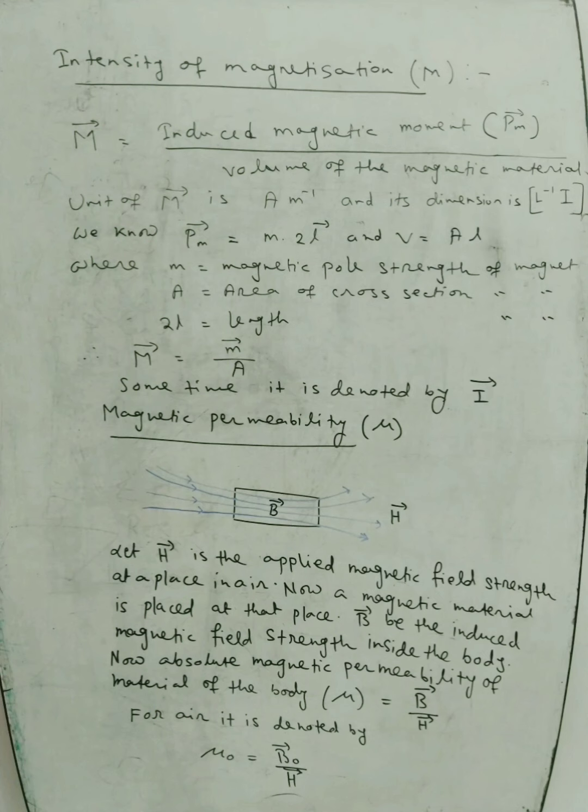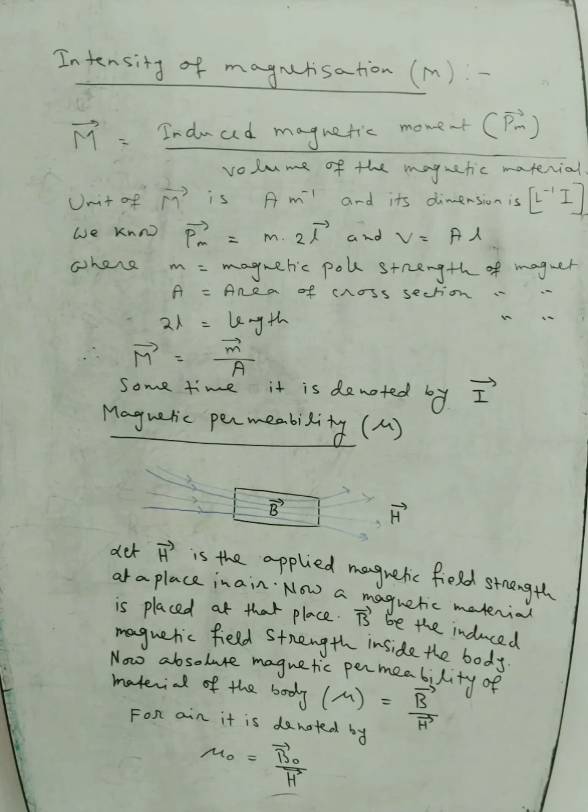That's why we can also define that M is equal to small m divided by A, where small m denotes the magnetic pole strength and A denotes the area of cross section of that magnet.